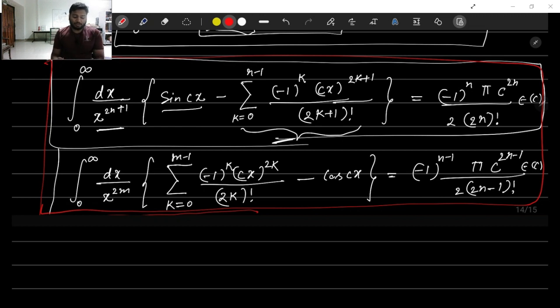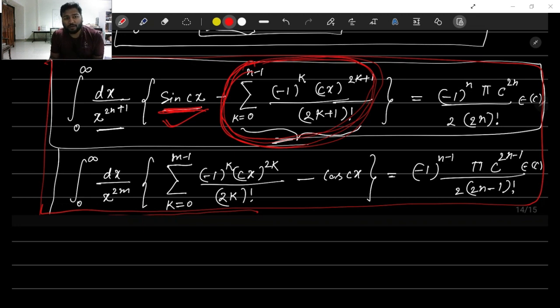One more thing you will notice, that as n tends to infinity, the first few terms which you are subtracting from this sine function, this sum becomes exactly equal to the sine function, and this cancels out and gives you 0. And you can also see in the right hand side that n is in the denominator.